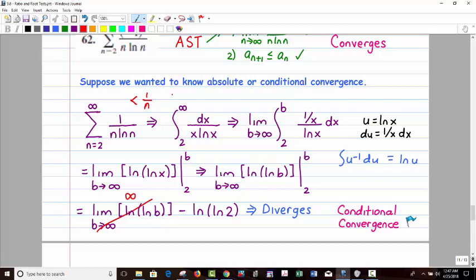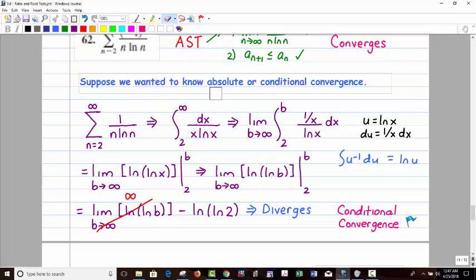So this doesn't help us unless that inequality symbol would have gone the other way, because then you could have said smaller diverges means larger diverges. But you can't say larger diverges, smaller diverges. That does not work. So the direct comparison test sometimes is convenient, but it's not useful here.